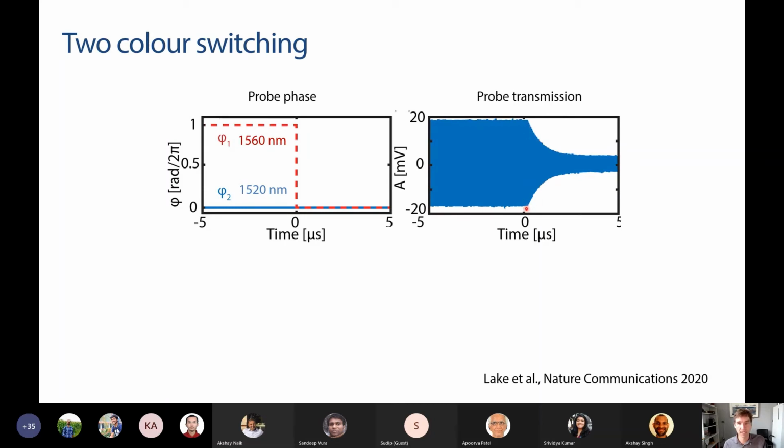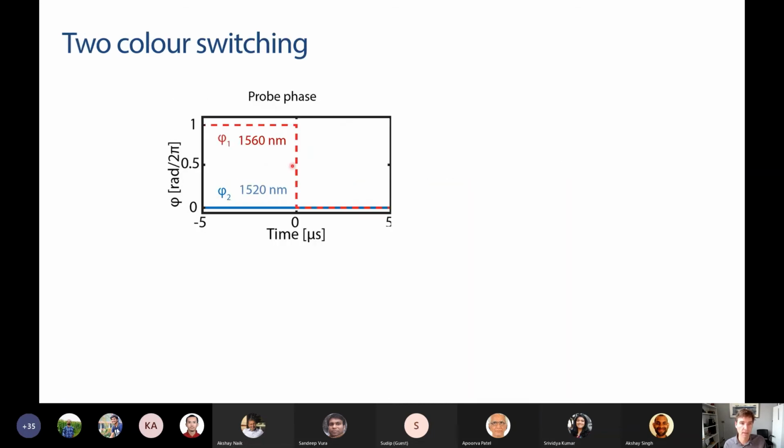Okay, so we're flipping the phase here at time 0 of one of our fields, and then the transmission of the other field is being modified as a result. This would be hard to do otherwise. You normally aren't able to create an interferometer between two colors of light without playing tricks like this, basically.